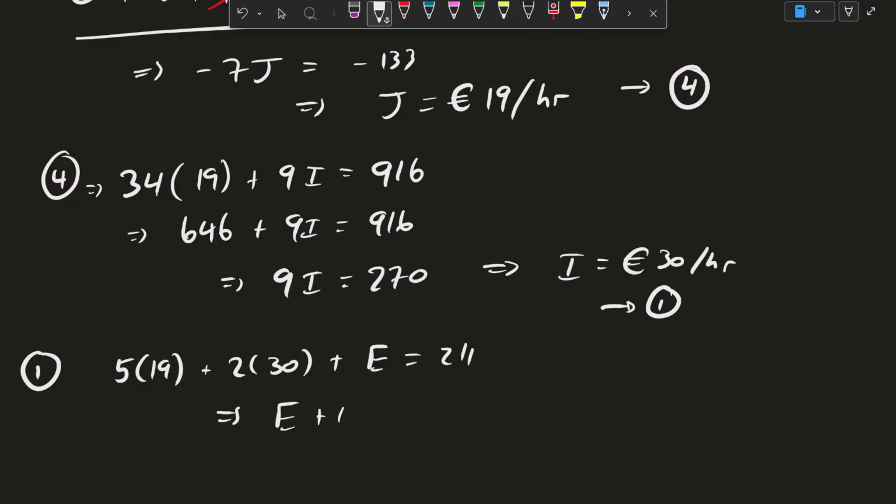So E plus 155 is equal to 211. So the executive, the greedy person, is getting paid 56 euro an hour.